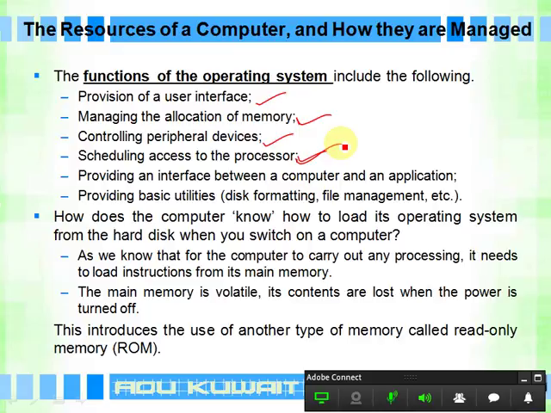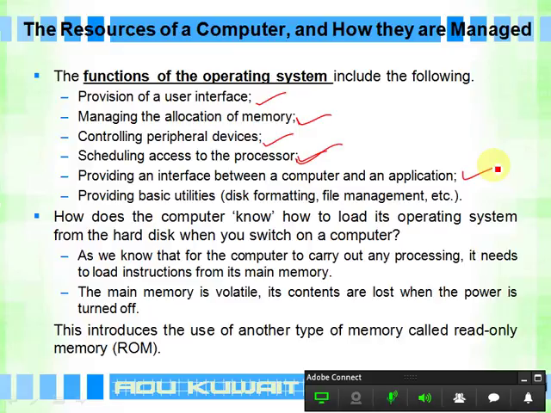You just open the programs and run them, but the operating system will decide it. This is called scheduling the access to the processor, then providing an interface between the computer and the application, and providing the basic utilities like disk formatting, file management, formatting the computer. These are all provided by the operating system.